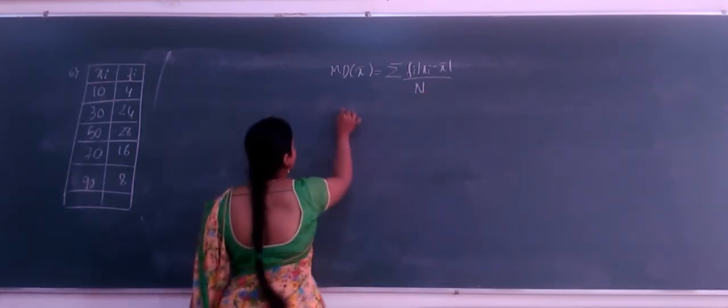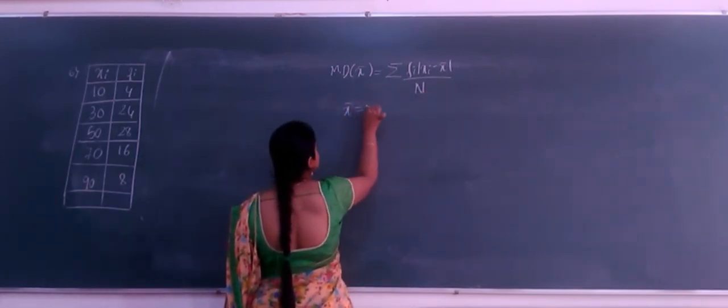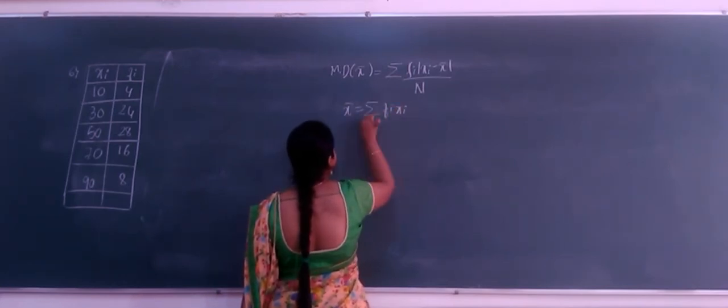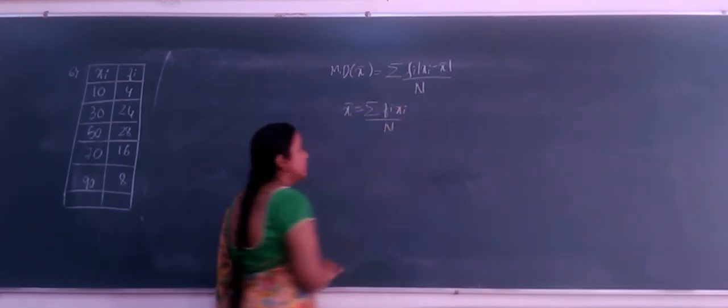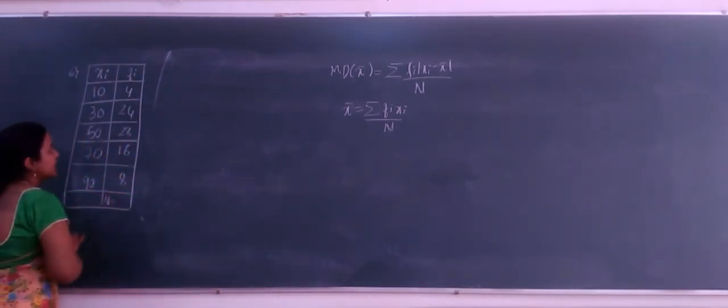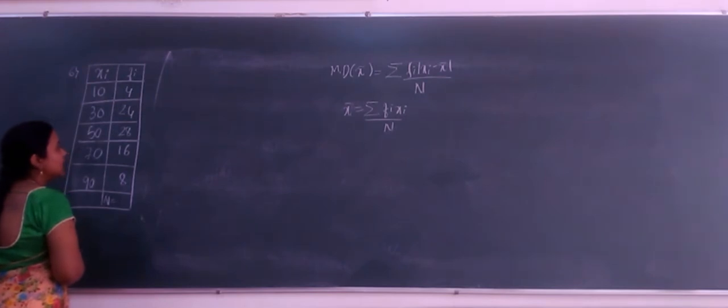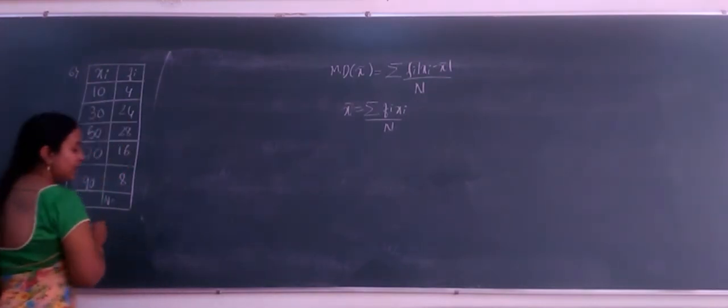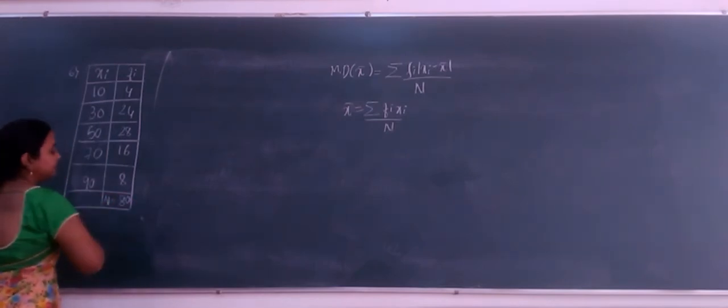And mean is equal to sum of fi into xi divided by n. First, let us write what n is equal to. That is the total frequency. When you add the total frequency, it comes up to 80.